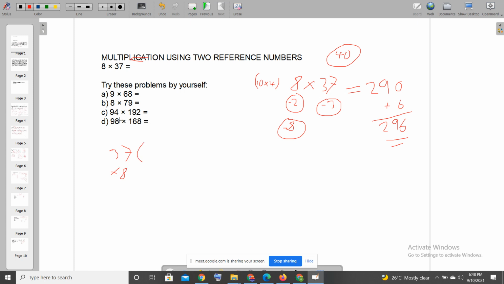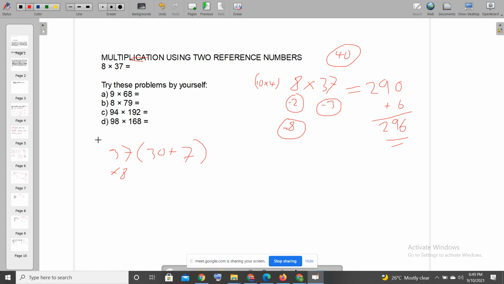Break up will give us what? 30 plus 7. I hope you remember it, or you've forgotten. Do you remember? I remember. So you can use the same way or this. You have to master which approach you can easily work with.